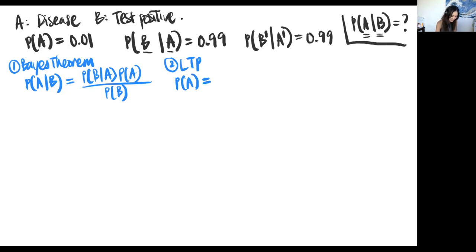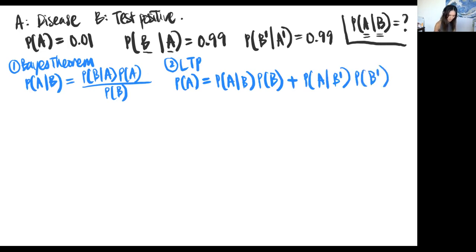So that means the probability of A given B multiplied by probability of B, plus probability of A given B complement multiplied by probability of B complement. And at some point, we're going to make use of this formula as well.